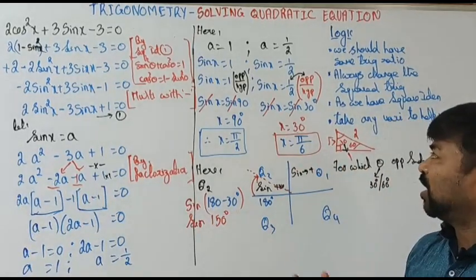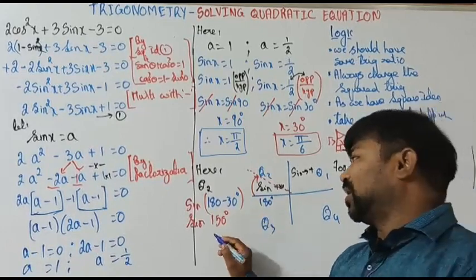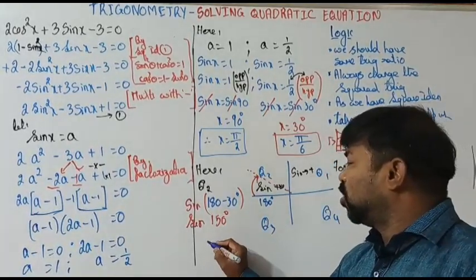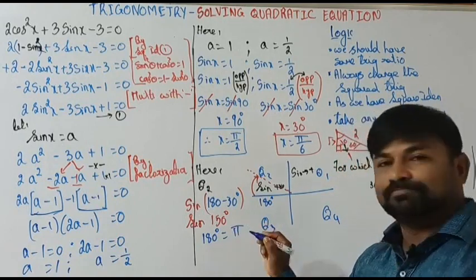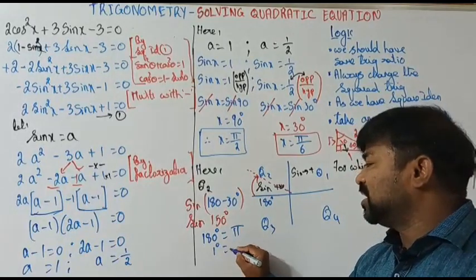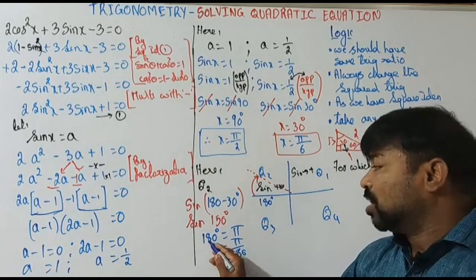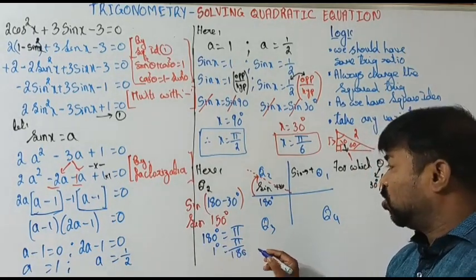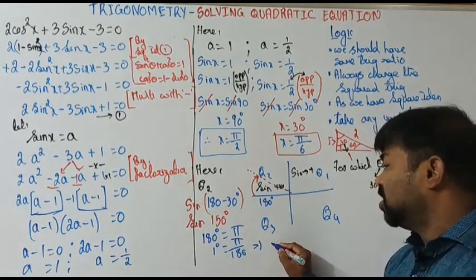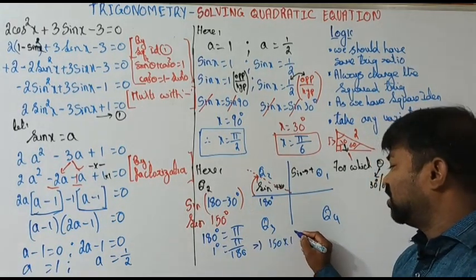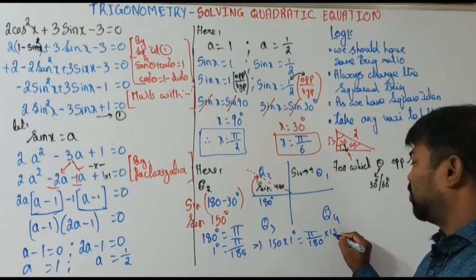So what is 150 degrees in terms of radians? I like to take it like this. We know 180 degrees is equal to pi, so 1 degree is equal to pi by 180, because I took 180 to the other side. What we want is 150 degrees, which implies 150 into 1 degree is equal to pi by 180 into 150.